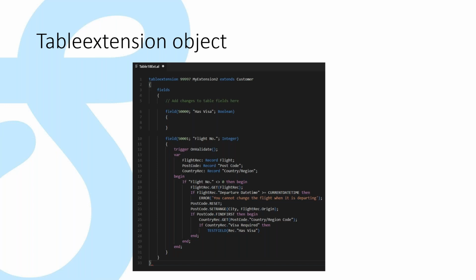A table extension allows us to extend any kind of table. And here we can see that we have a field section in which we can modify. We can add changes to our fields, or we can add new fields. Here we can see that there are new fields added.